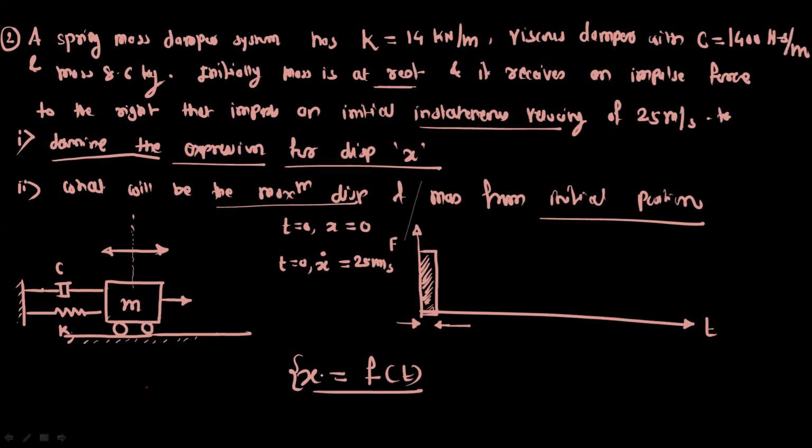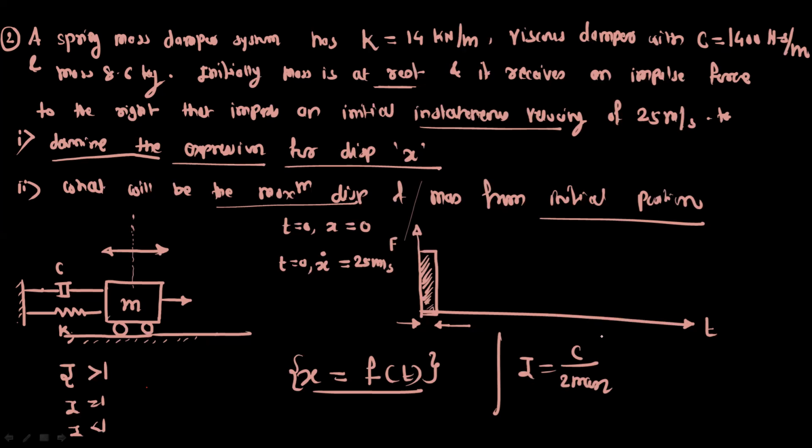So to find out this equation, we have to first find out the type of system, whether zeta greater than 1, zeta equal to 1, or zeta less than 1. So for that, use this equation, C upon 2m omega n. Okay.